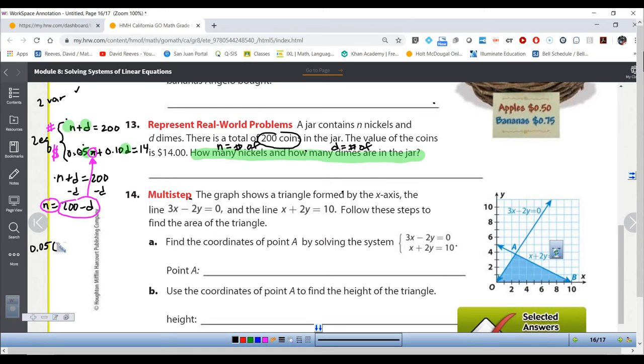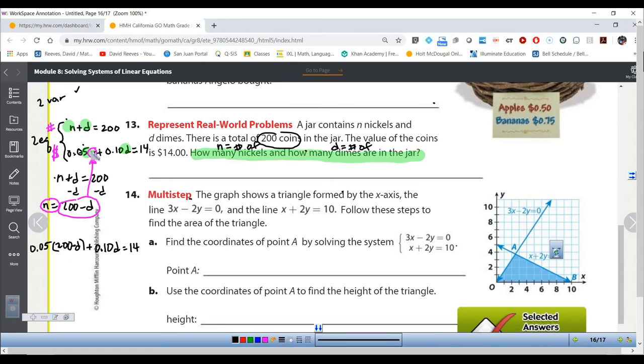We're going to put 200 minus d, right? 200 minus d plus 0.10, 10 cents for every dime, and that equals 14. So we rewrote this second equation, but we replaced n with 200 minus d.